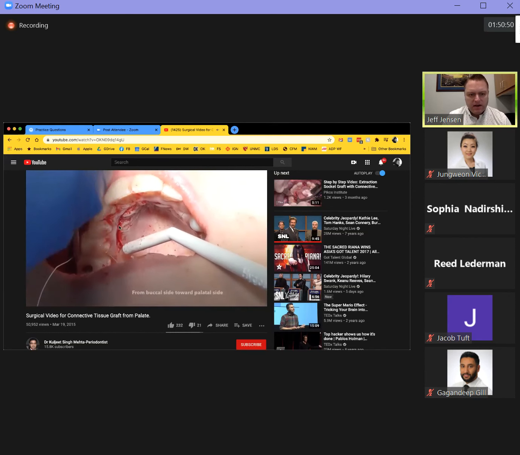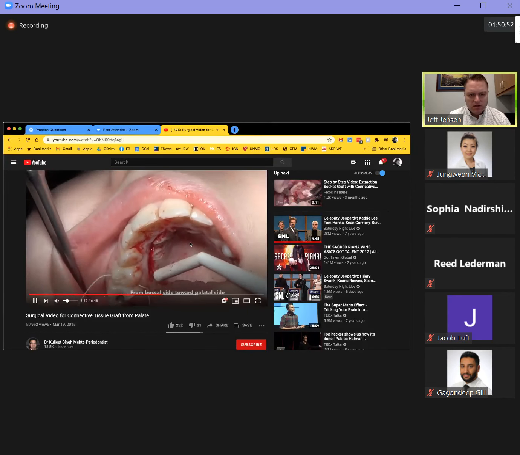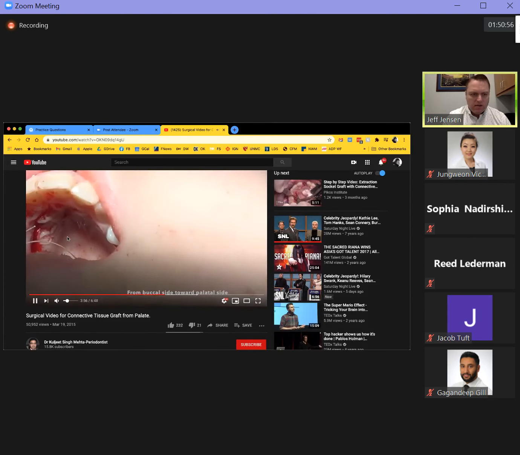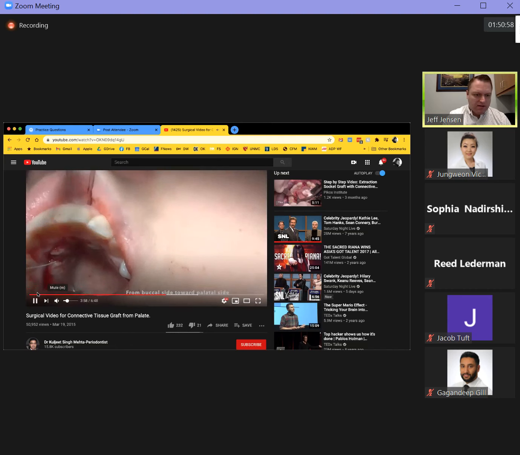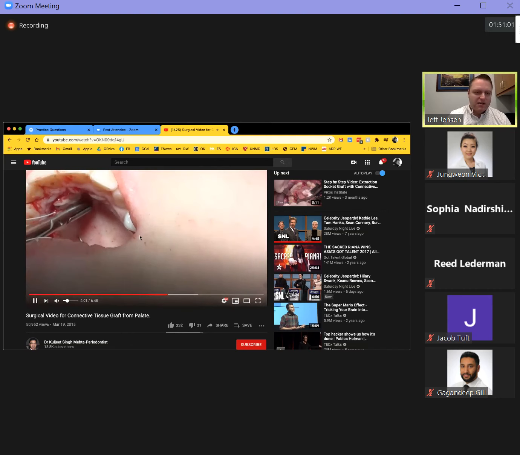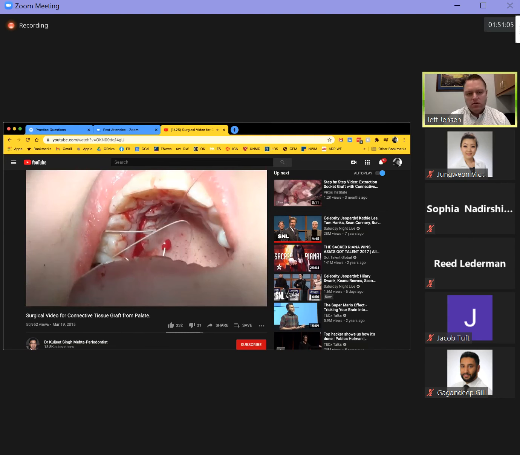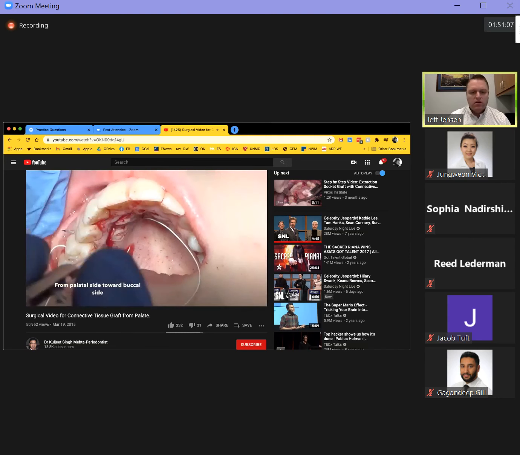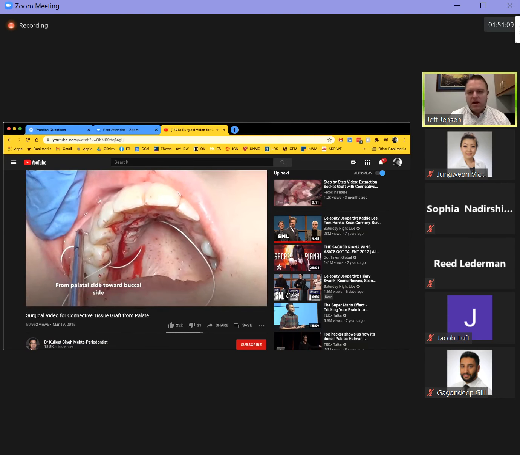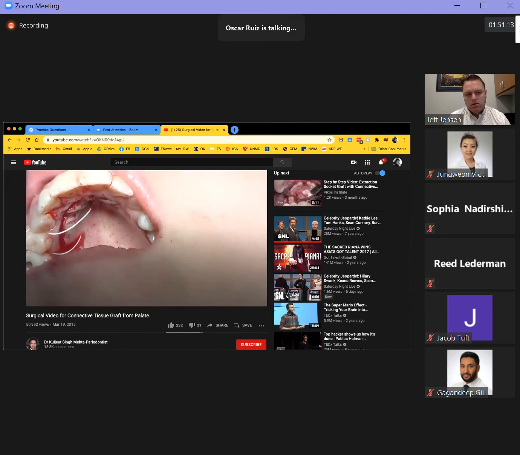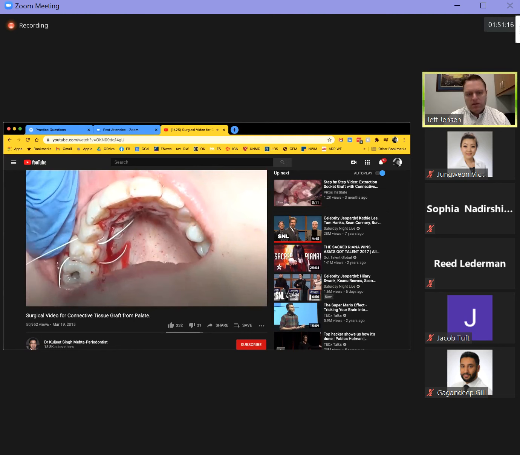But you can see, right here, there's going to be a little wound. Right through here. There'll be a 1 to 2 millimeter wound where there may have been a little epithelium on the graft, and you can trim that away. So then that's considered secondary intention? That would be just slightly.